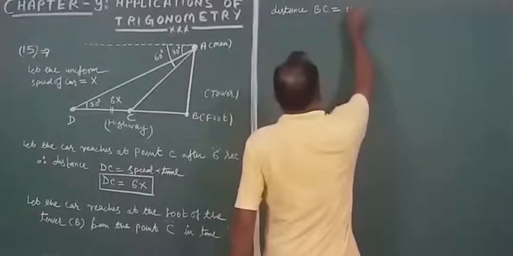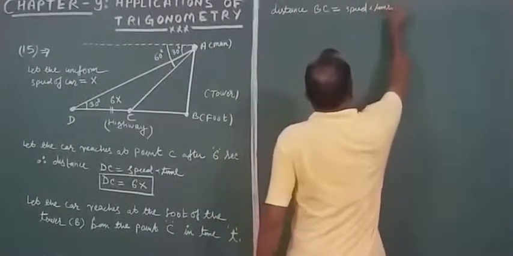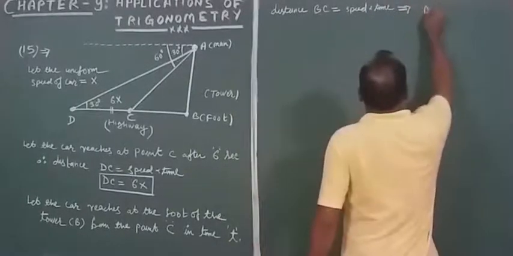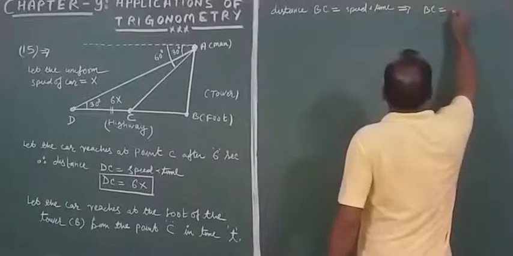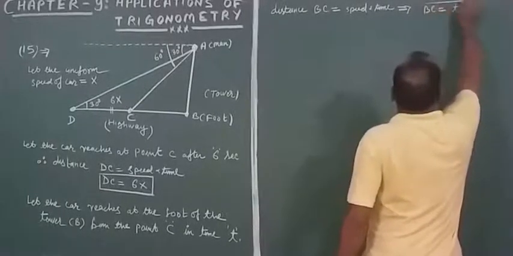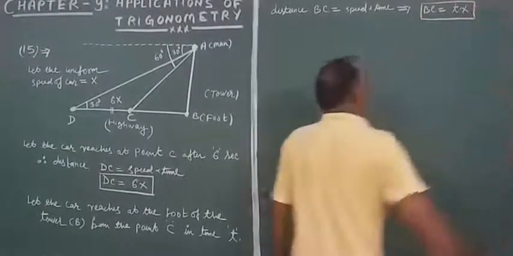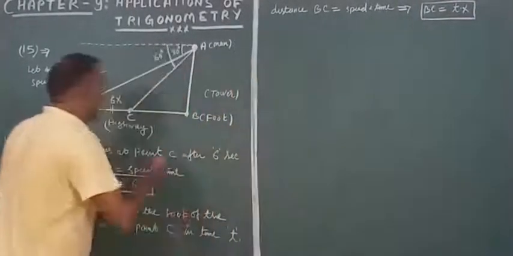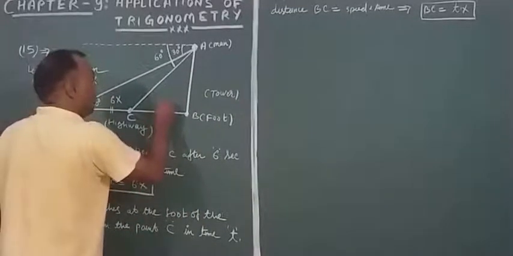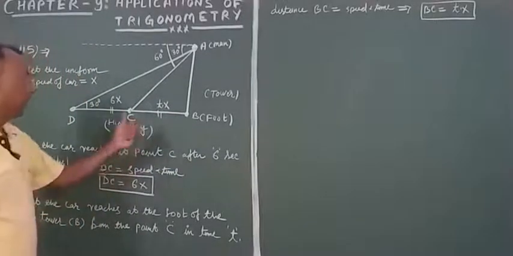Equal to speed into time. It means this BC will be T into x. This is how much? T into x. Now the question is this, find this time taken.